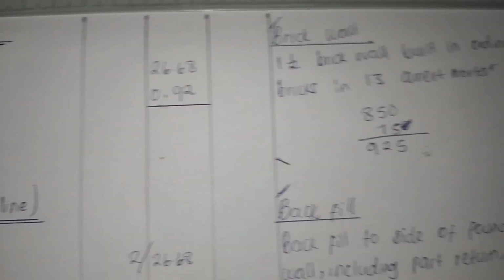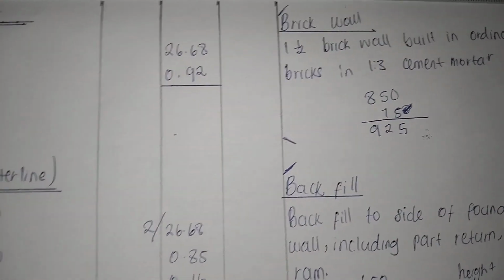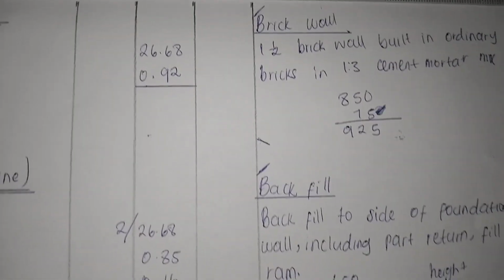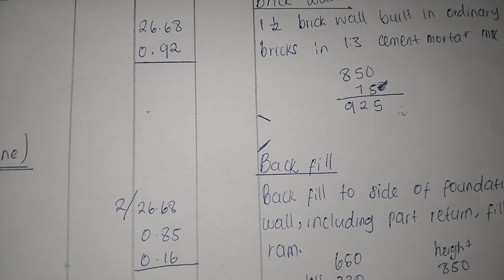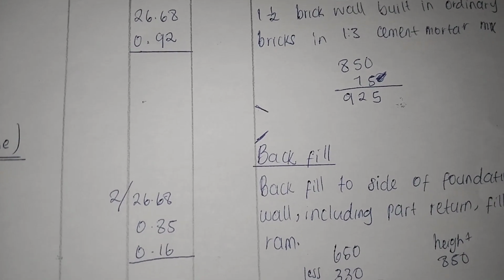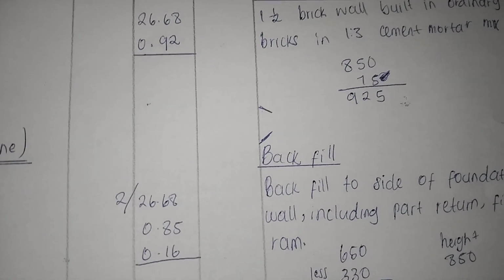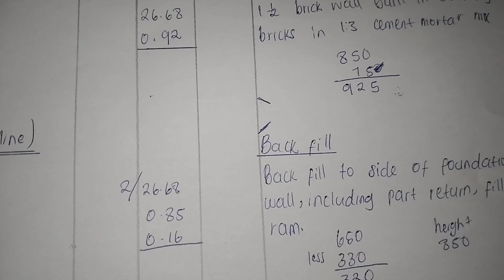So after that, we come to our brick wall. On our brick wall, we're going to write our descriptions. As you can see, 1.5 brick wall built in ordinary bricks in 1:3 cement mortar mix. I guess this is what was written in the specifications, right?